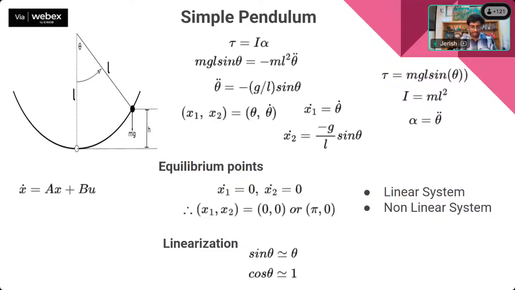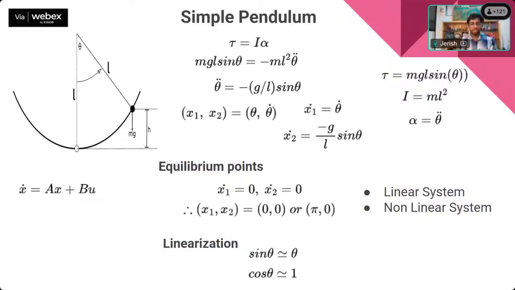That's called a stable equilibrium point. The other equilibrium point: if you take it to 180 degrees and leave the system, it won't stay at 180 degrees. It will go back to the stable equilibrium point. So an unstable equilibrium point is one where some force is required to keep it at that particular point.